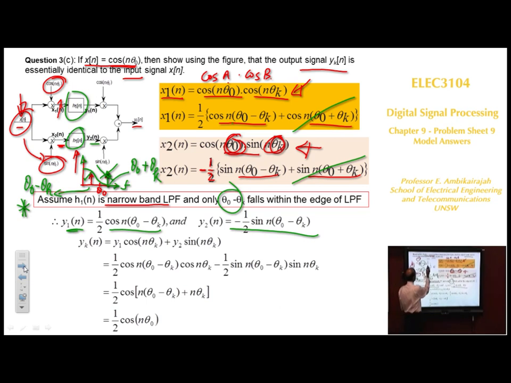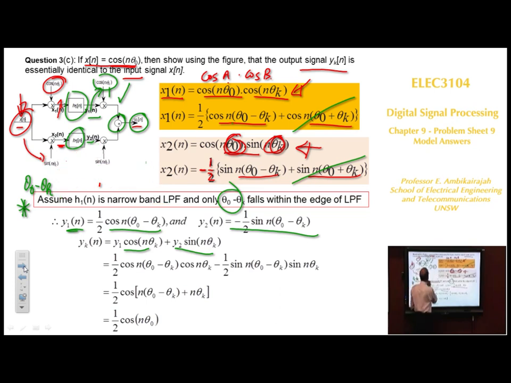Now you are multiplying this and this one, so you take ykn equal to these two multiplied and these two multiplied, and add them. So we could say that is y1 cosine theta k at that point, y2 sine theta k at that point. Add them, both of them. So that's what you're doing now. You are adding both of them.